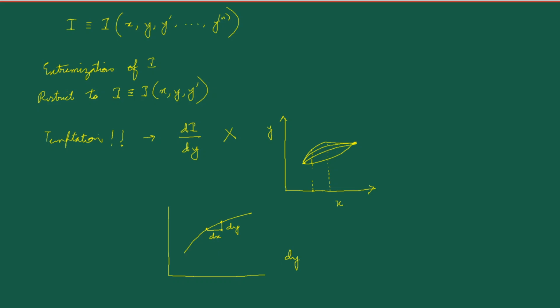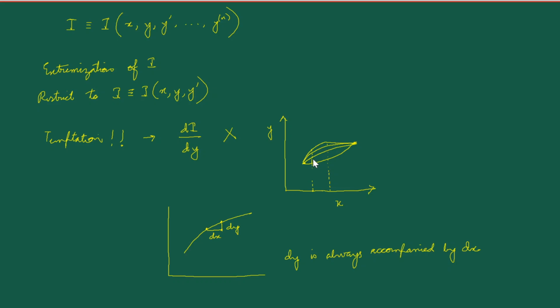So dy is always accompanied by dx. You cannot have the y changing when you are writing in terms of this notation dy. When you are writing dy, you have to understand that that dy always has as its partner a change in x also.